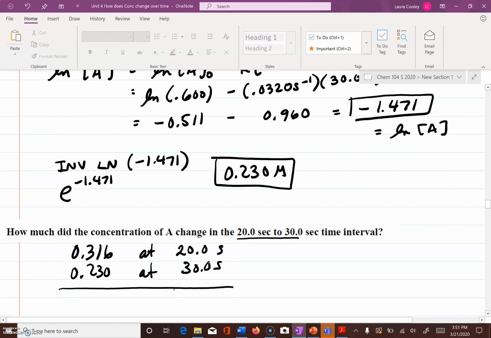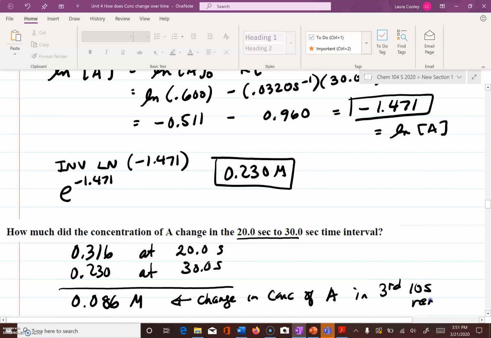You take the difference, and it comes out to 0.086. So this is the change in concentration of A in the third 10-second range, because if you remember, we did 0 to 10, 10 to 20, and now 20 to 30.